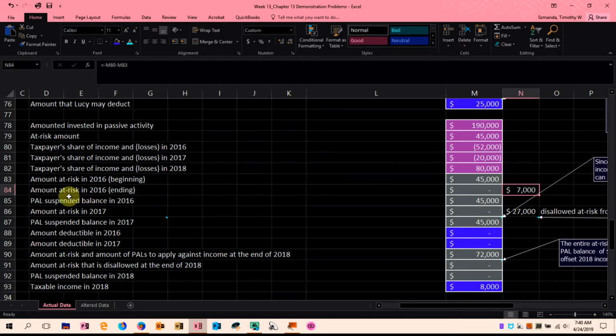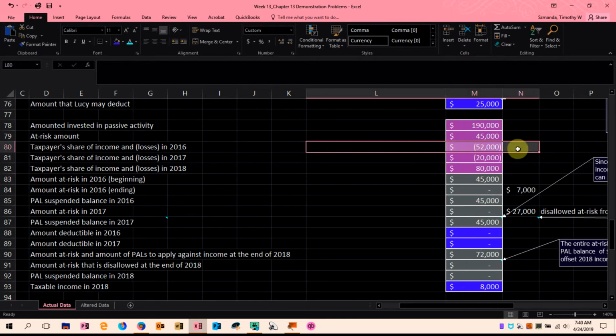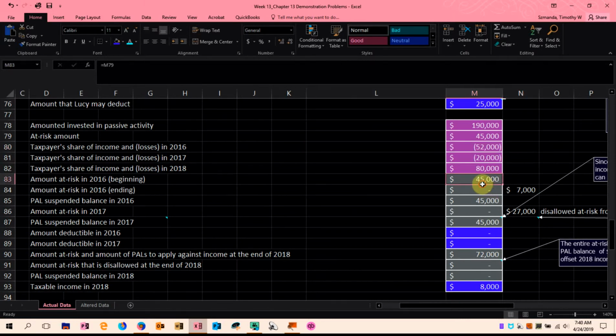All right, now we're going to look at the passive activity loss, still in 2016, but we're going to look at the passive activity loss rules. Well, $45,000 made it through. Remember, we have a $52,000 loss in 2016. $45,000 of that made it through the at-risk rules because it was entirely used up that year.